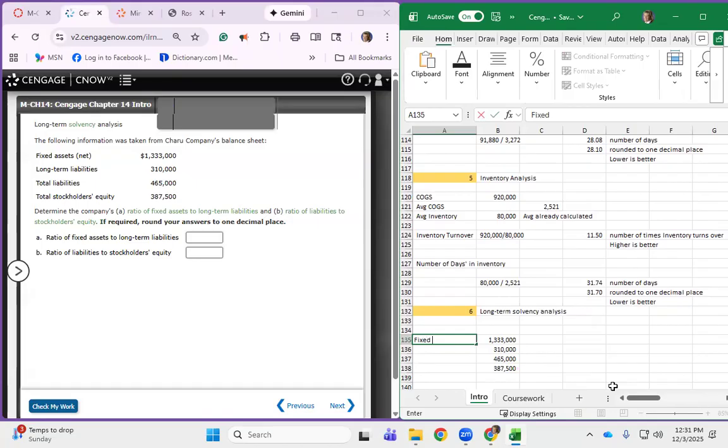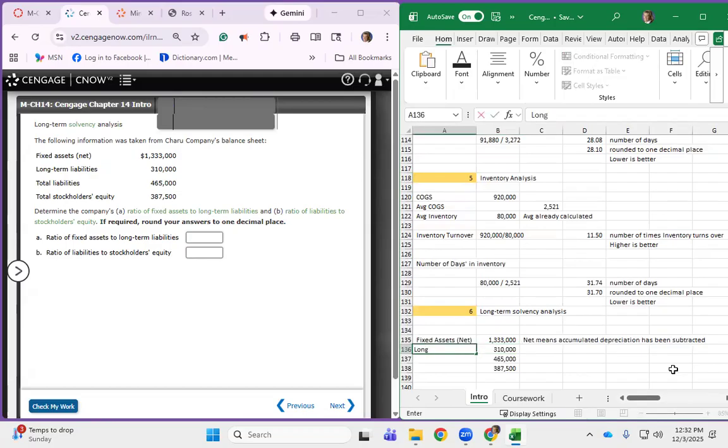Now, this is fixed assets, and it says net. Net means that accumulated depreciation has been subtracted. I'm going to put net means accumulated depreciation has been subtracted. That's what it means if you see the word net there, which we do.